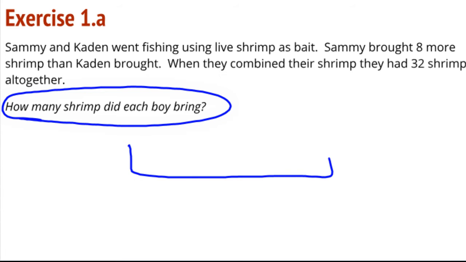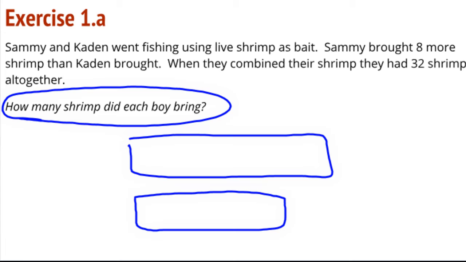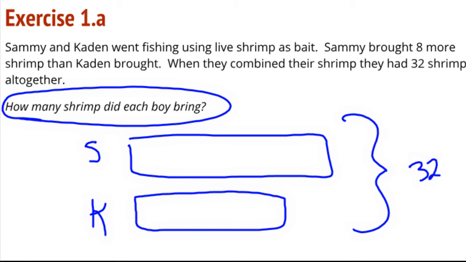So Sammy's got more, and Caden's got less. So I've got Sammy, and I've got Caden. And I know that if I combine it all together, the total is 32. But I know that Sammy brought more than Caden, and that the difference is 8.